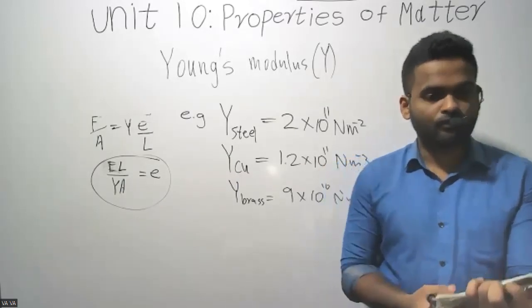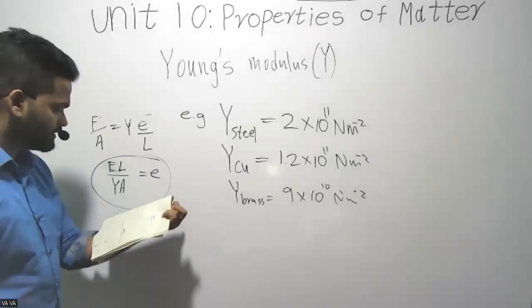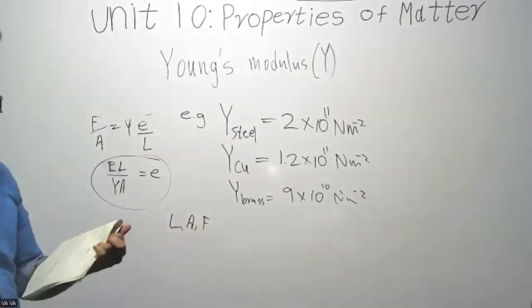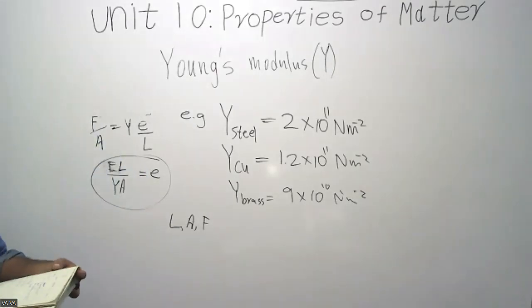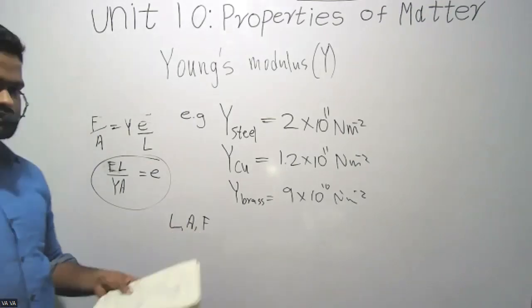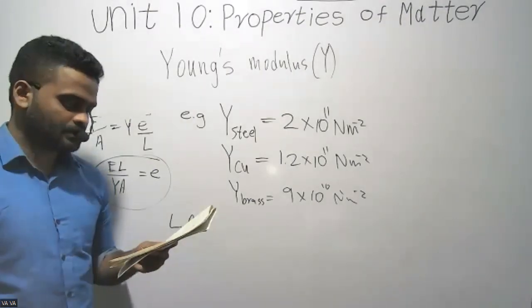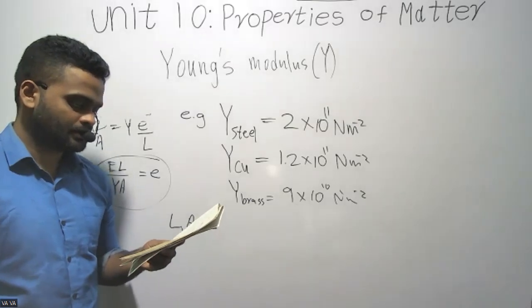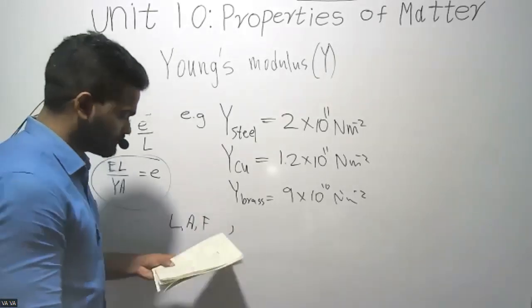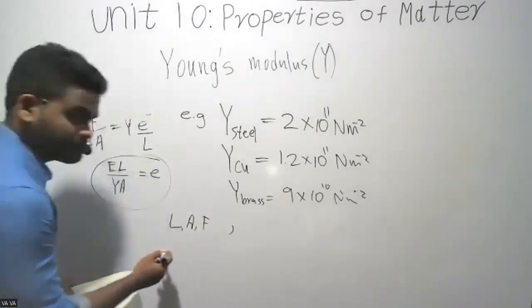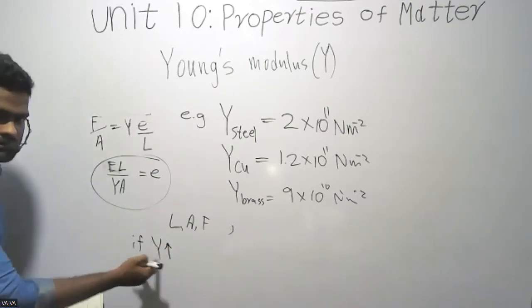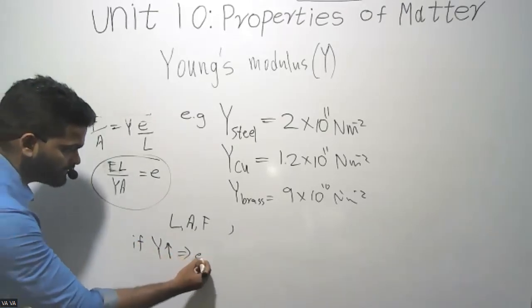Okay, under that write, when capital L, capital A, capital F, when L, A and F are constant, comma, then write below that, write if Y is high, E is less.